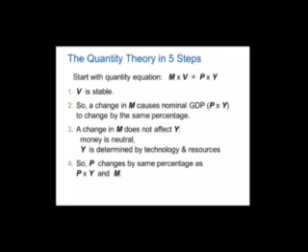So if Y is not affected, then any change in money supply will just increase P. Classical economists believe Y doesn't change, so any increase in M will only increase P by the same amount.